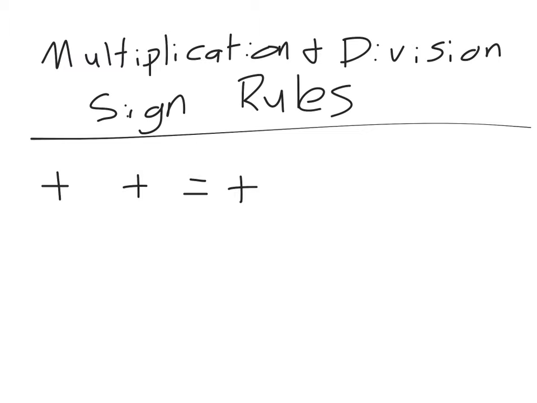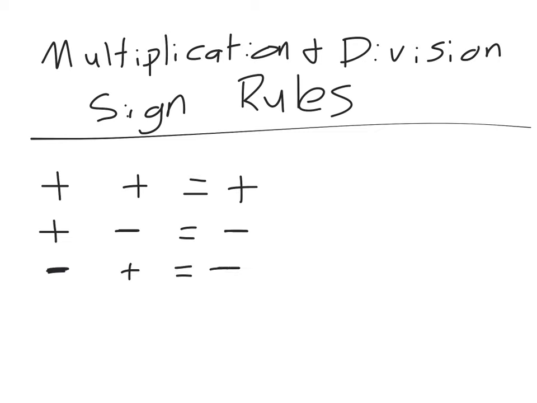Now the next one. What happens if you multiply a positive number by a negative number? It's correct. Your answer is negative. All right, what about a negative number times a positive number?